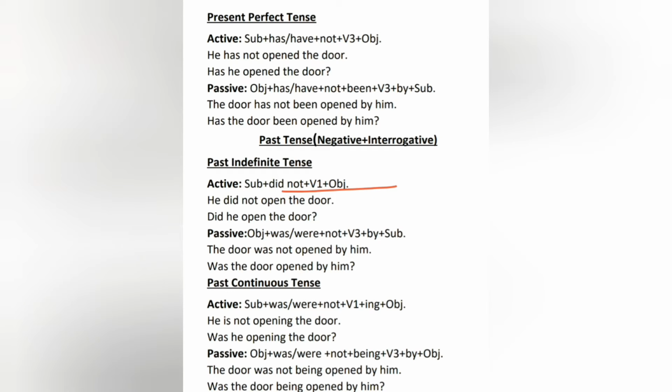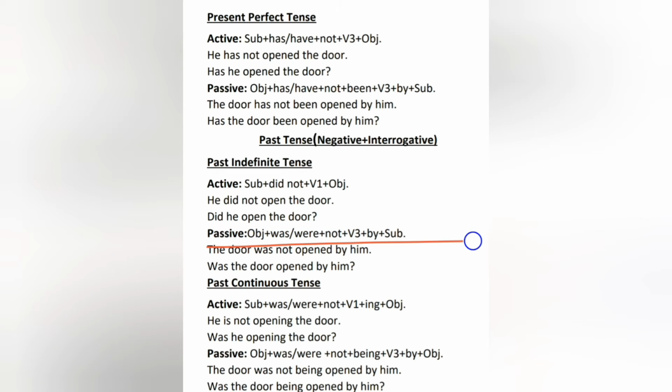There is a little difference between the affirmative and the negative methodology, because in affirmative sentences we used second form of verb, but when we convert it in the negative form, second form will become the first form, and did not will be added to make it negative. For example, he did not open the door. Did he open the door would be the interrogative form of it.